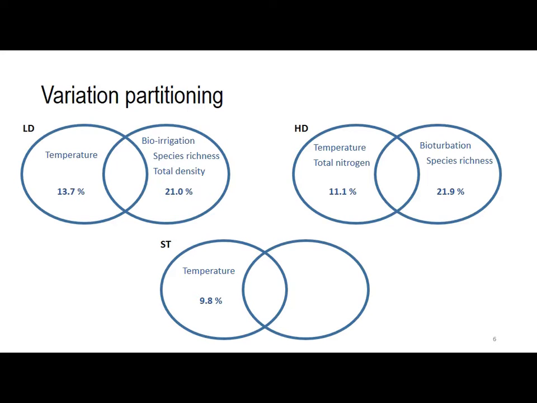But for the intertidal habitats, you see that the total variability explained by the model is already up 10% compared to when we took the entire data set. And you see there's some variability in the particular biotic or abiotic variables that explain variability in the model. Sometimes it's species richness, sometimes bioirrigation, sometimes bioturbation.